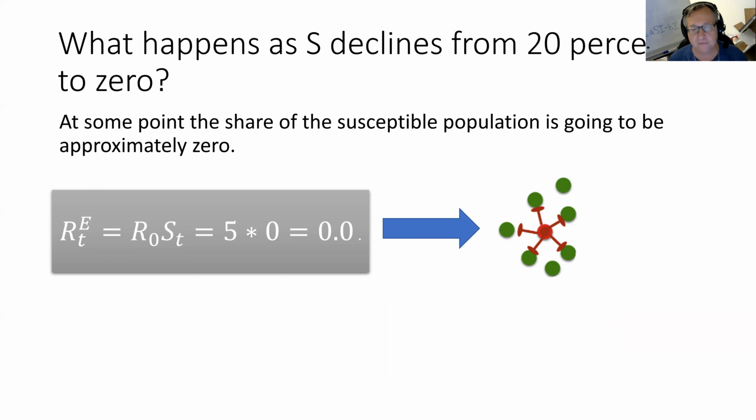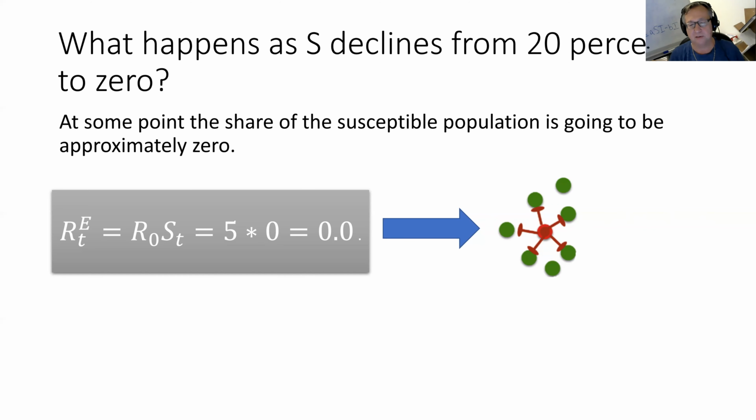So the effective reproduction number, again, R e t, is going to be equal to this R naught, the 5 in my example. But the proportion of susceptible population in the very, very long run is going to be 0. And so what this means graphically is that the red dot is going to be running into people, and because they've all been infected and recovered, the effective reproduction rate is going to be 0.